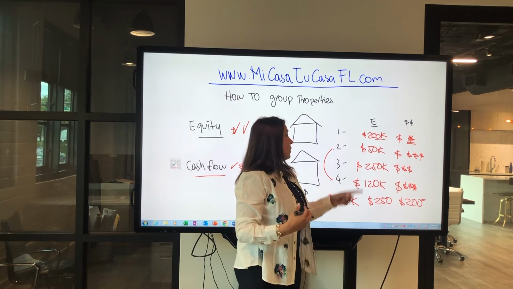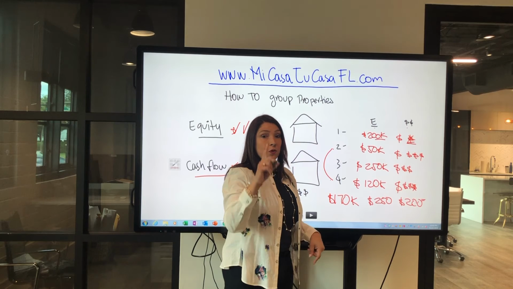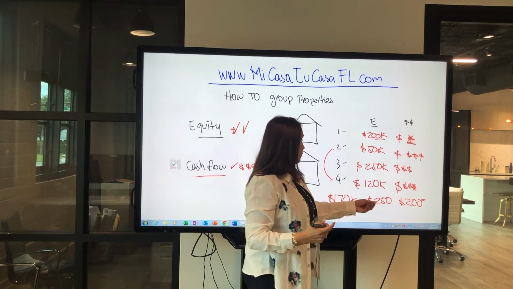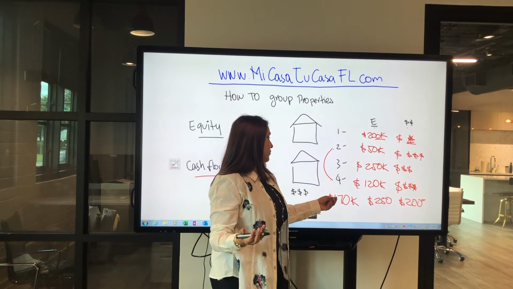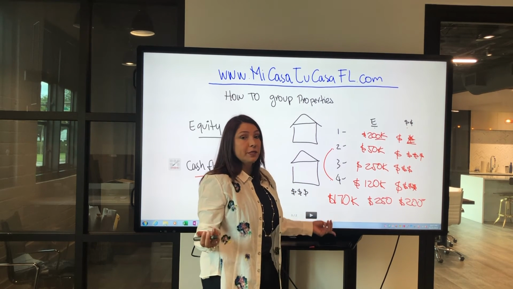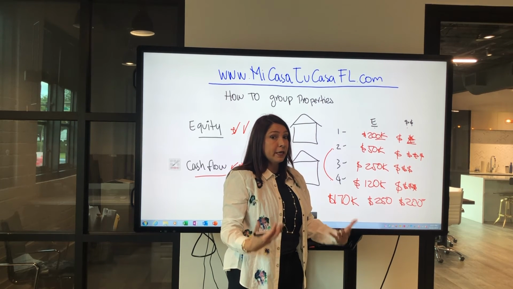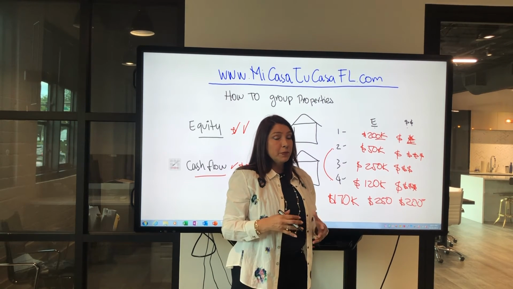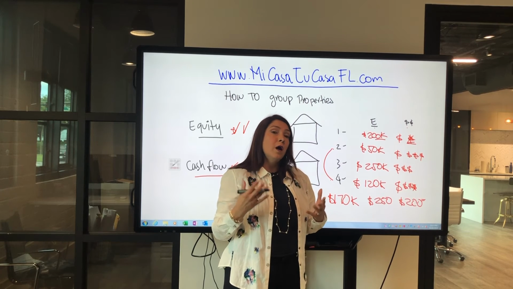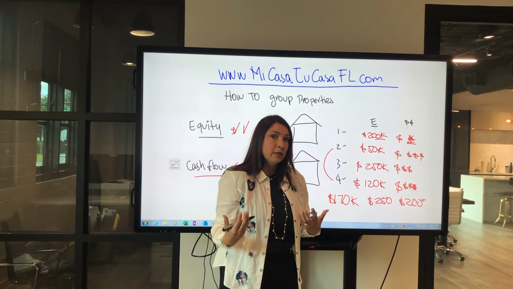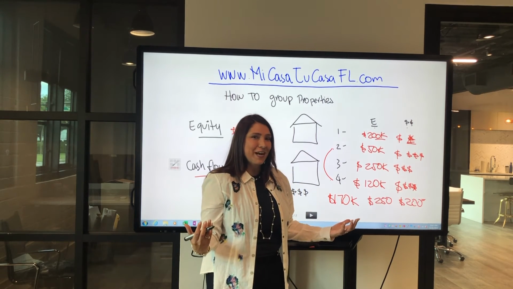So if you have, let's say, 4 properties and only 1 LLC, you are basically risking $450,000, $650,000, $620,000 here. You are exposing that in case something happens. Just keep in mind that everything is about how much risk you are willing to take in case something happens.